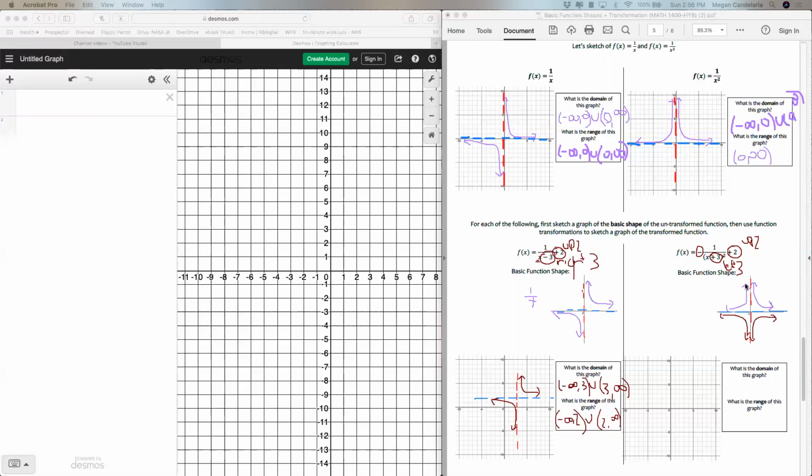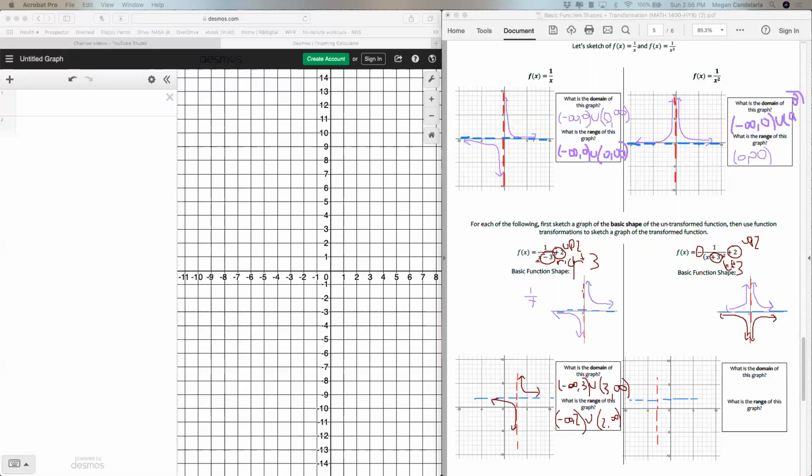So I'm going to think again about my vertical and horizontal asymptotes and how those move. My vertical asymptote is going to move left 3: 1, 2, 3. So now I have a vertical asymptote here at -3. My horizontal asymptote is going to move up 2, so I have a horizontal asymptote here at 2.